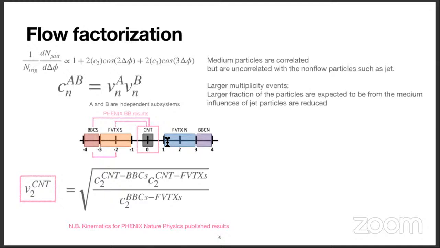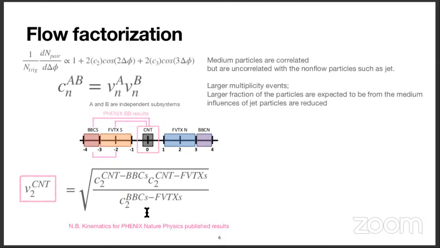So we are usually using this kinematic selection to accumulate larger multiplicities. And this kinematic selection is actually used to calculate the PHENIX Nature results, the published results.